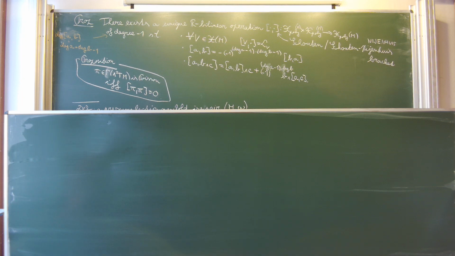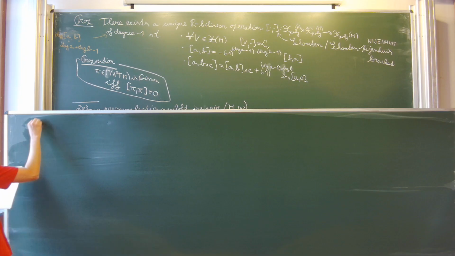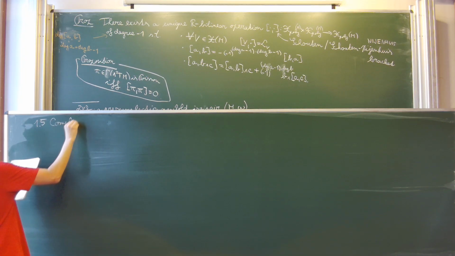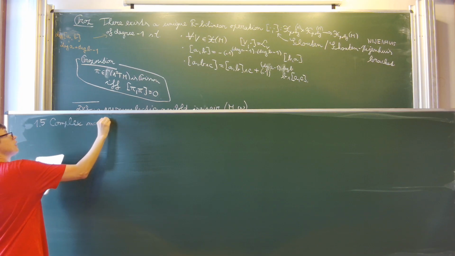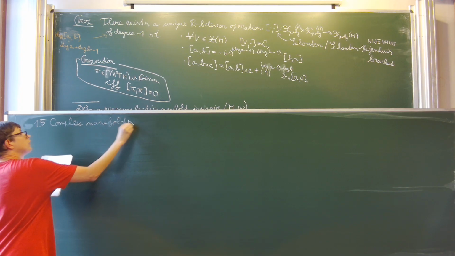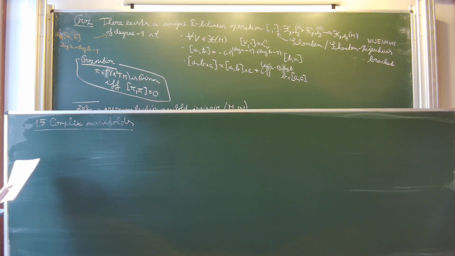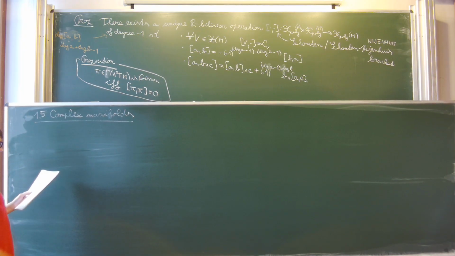Okay. So this is the last part, part one, and I call it complex manifolds, complex geometry, whatever. And I essentially only want to get to one statement in the end. So what is the idea?